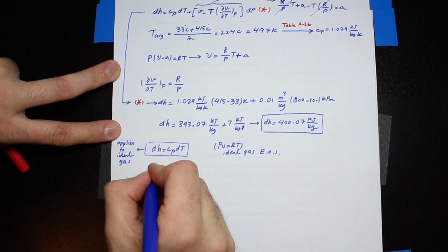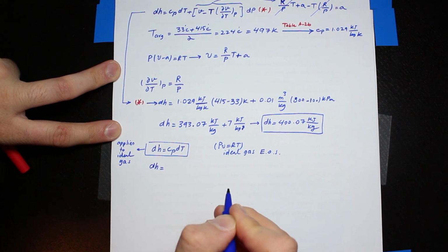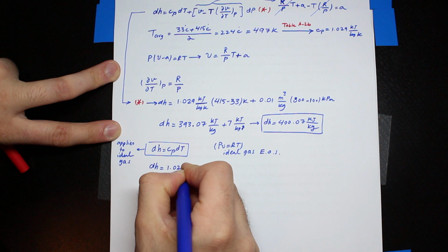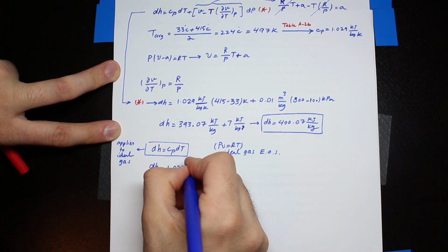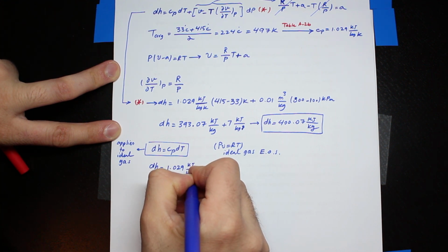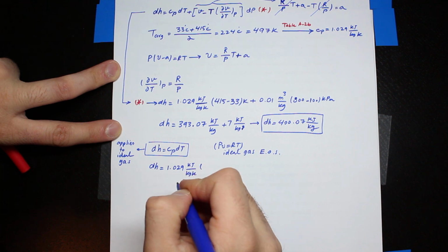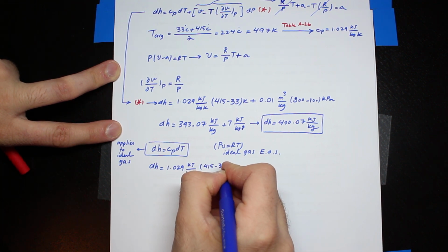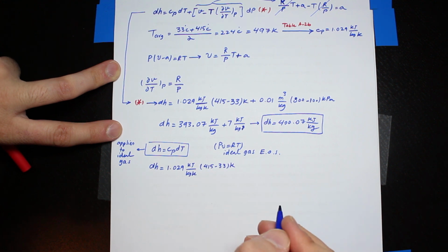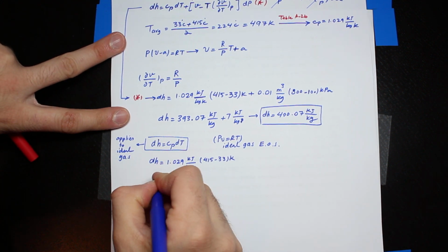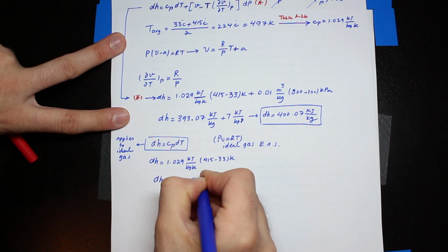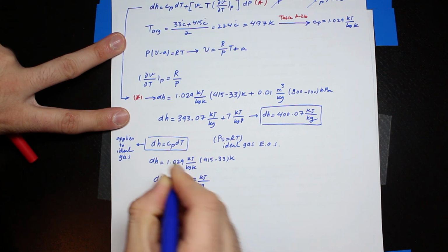So basically, by doing so, my dH is going to be, Cp value is 1.029 kilojoule per kilogram Kelvin, multiplied by change in temperature, which is 415 minus 33 Kelvin. Okay, so dH is going to be 393.07 kilojoule per kilogram.